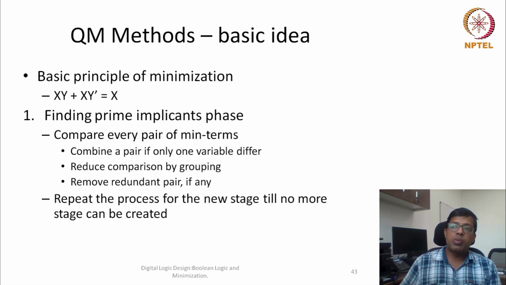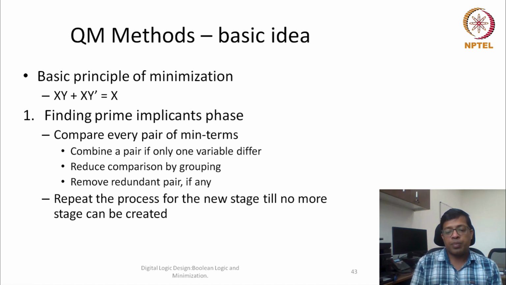So this process would be repeated. After comparing, we'll get the second stage where one variable has been eliminated, and then we can have another stage where two variables have been eliminated, and there could be a third stage where three variables have been eliminated. So the total number of stages would be equal to the maximum number of variables.